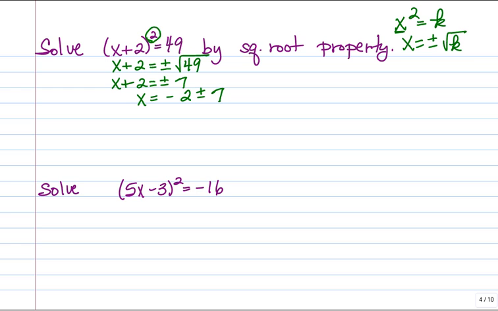Are you with me on that? Okay, now here again we have that plus or minus to contend with, so we know that x is -2 plus 7 or x is -2 minus 7. So our two solutions are 5 or what? Yep, -9.